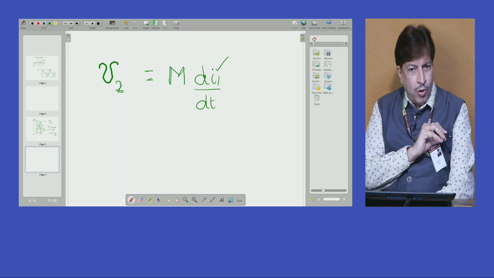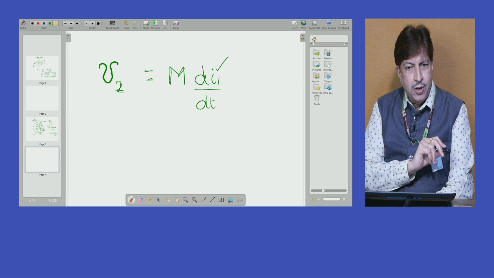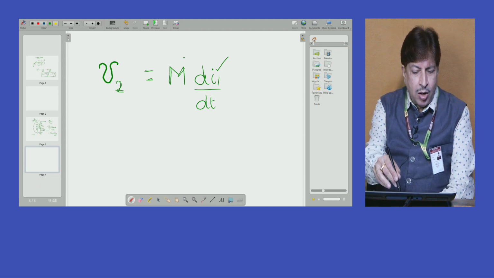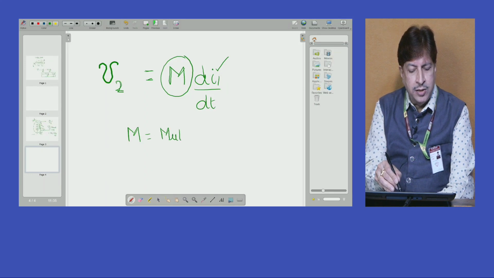And the second point is this induced EMF is depending on a constant called M. M is known as mutual inductance between the two coils.